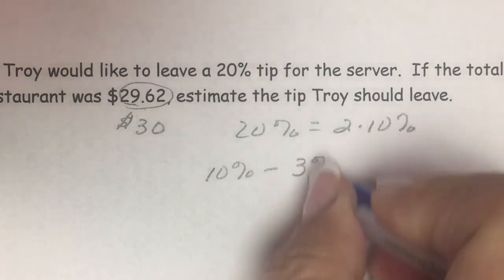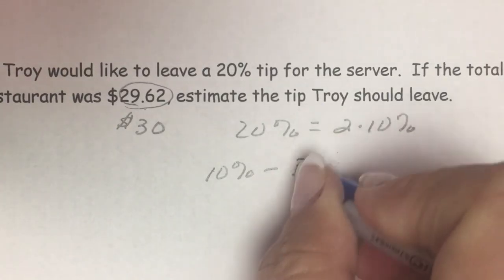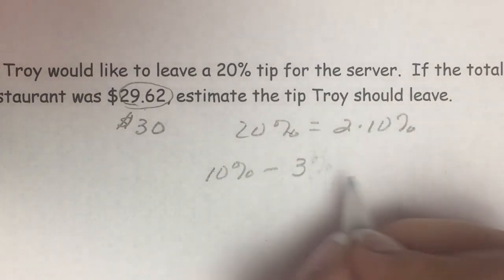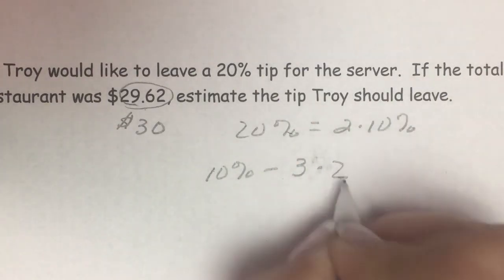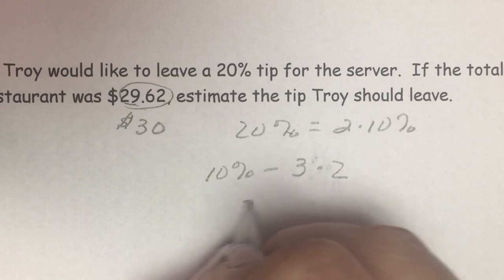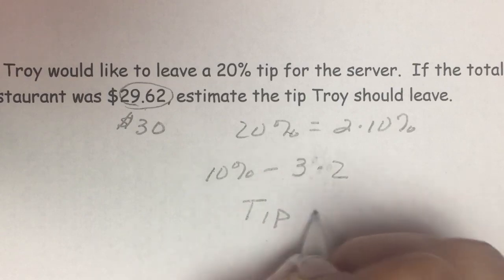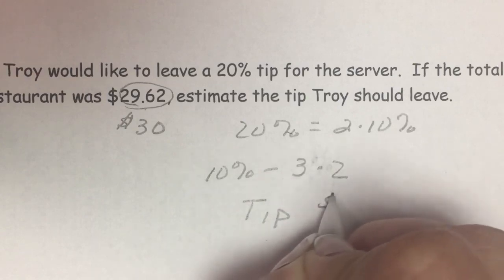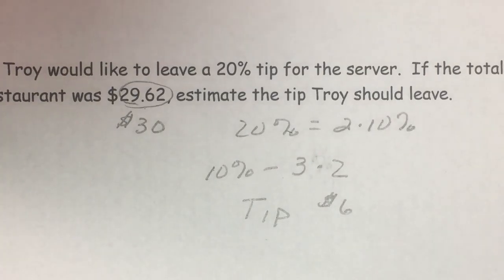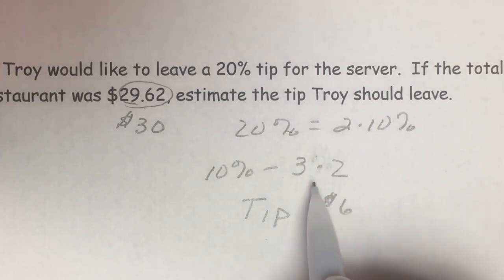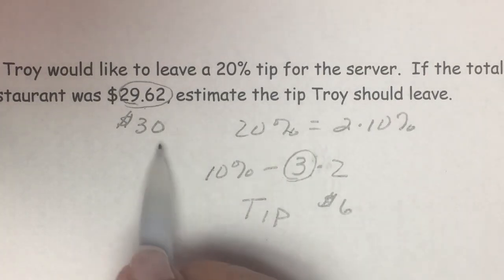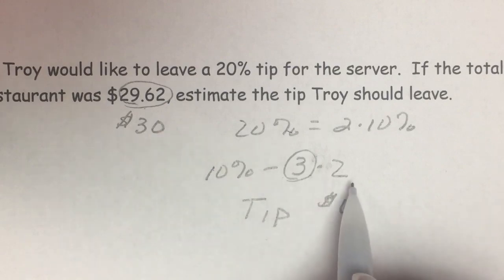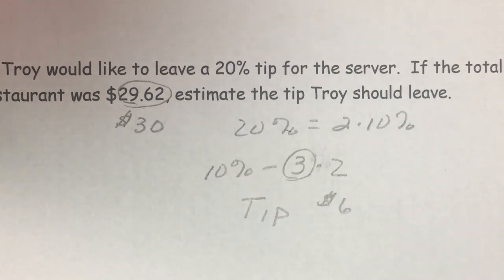Oops, not 3%, it's $3. And then I just simply multiply that by 2. So the tip that Troy should leave is $6. So we found the 10%, which is just chopping off the 0, and then we multiplied that by 2.